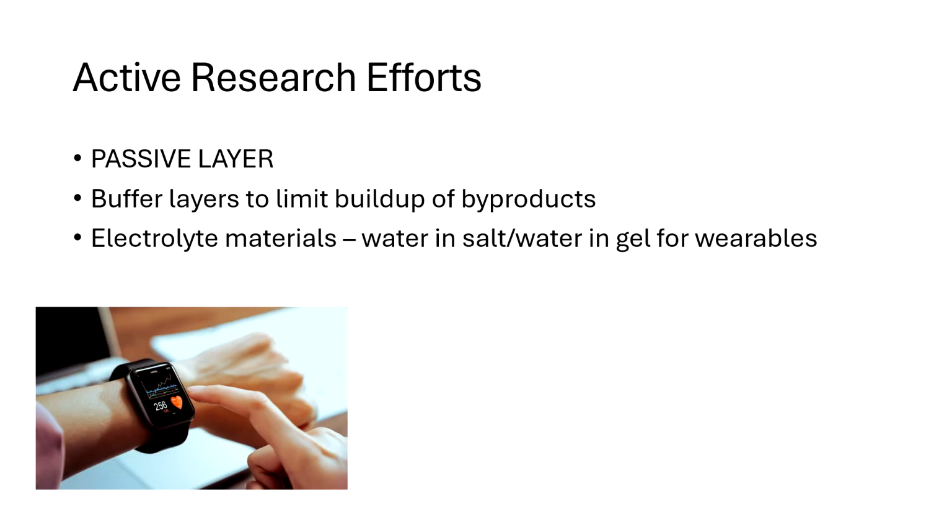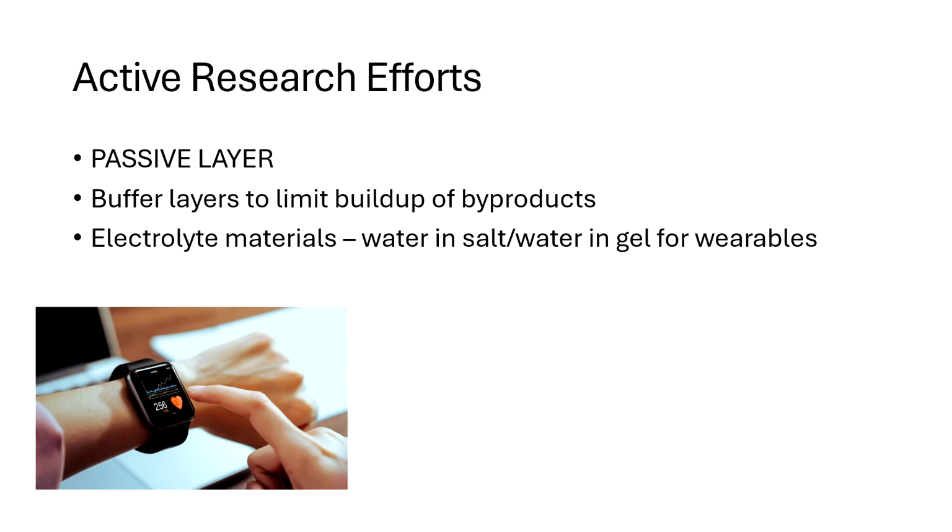So what are we doing to fix these things? In order to fix the passive layer, one of the things that we have been trying to do is make buffer layers. These buffer layers made of graphite sheets will help limit the buildup of byproducts in calcium ion batteries, and sometimes they're also made of stainless steel.